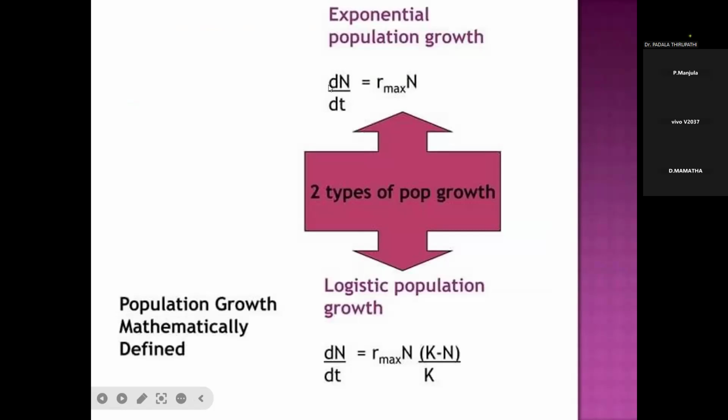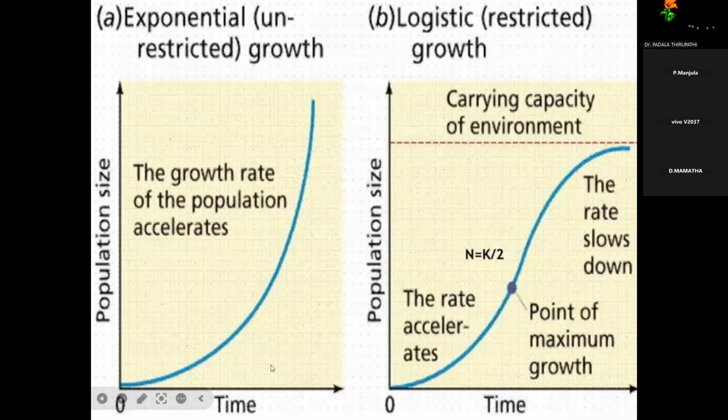Here again, there are two types of population growth: exponential population growth and logistic population growth. We can observe the J-shaped growth curve and the S-shaped growth curve.